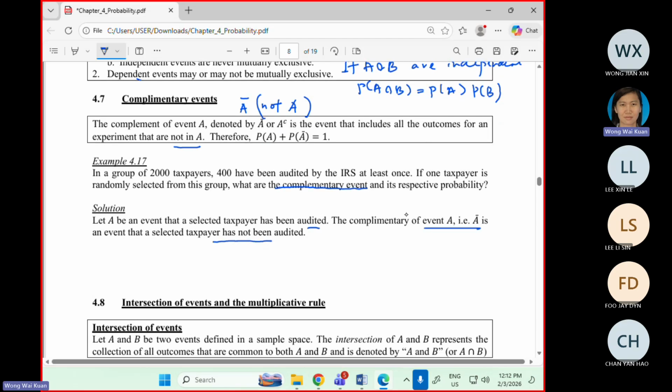So now, the next question is, what is the respective probability? I am actually looking for probability of not A. So what is the probability of not A?